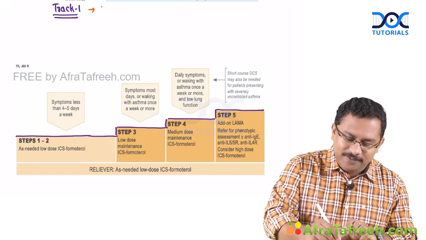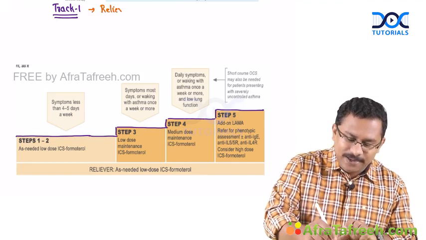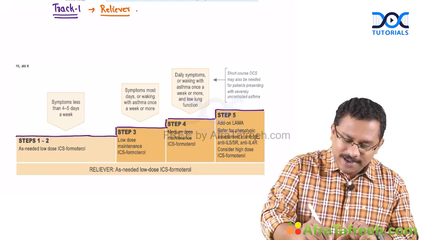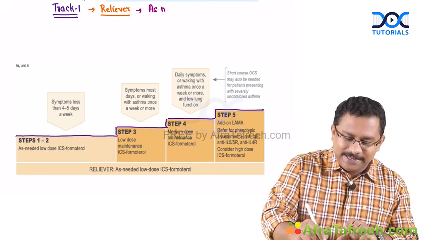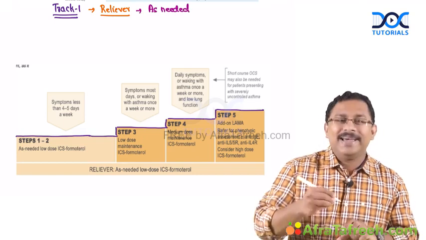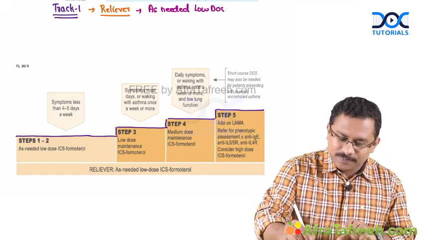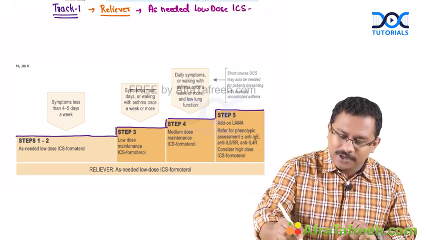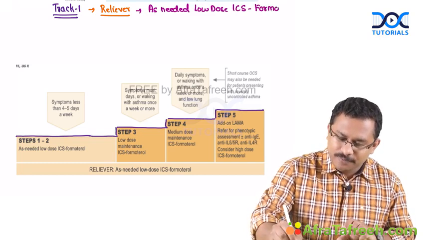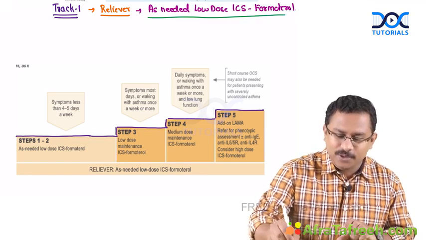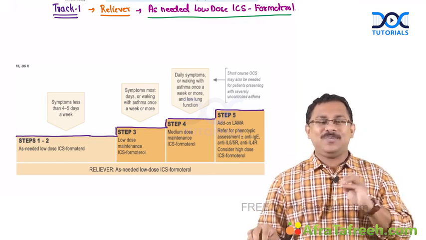So reliever therapy in track 1 is going to be as and when the patient has an exacerbation, you give a low dose inhaled corticosteroid formoterol combination. Okay, so you go for a low dose ICS formoterol combination.